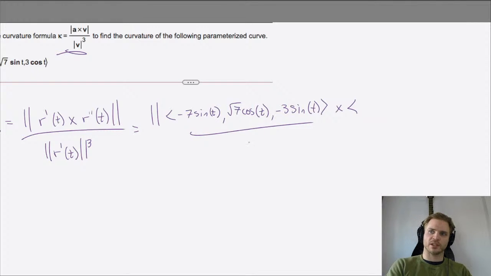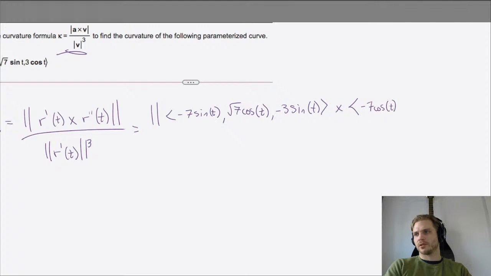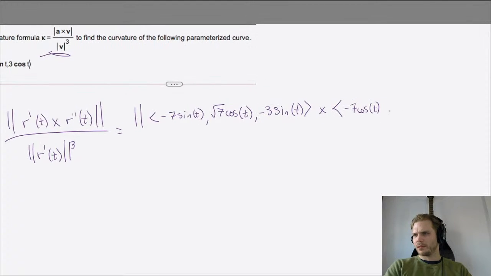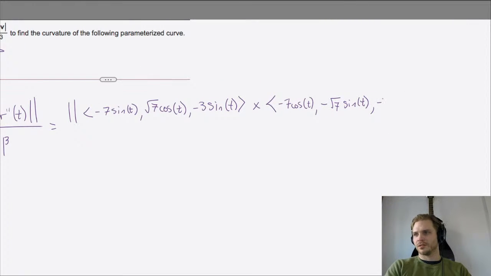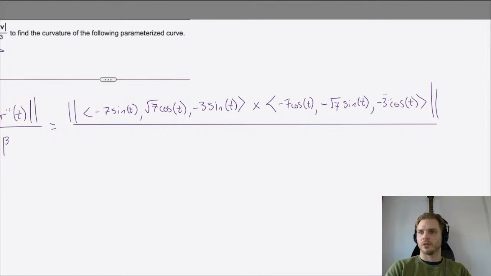The derivative of this gives negative 7 cosine of t, negative root 7 sine of t, then negative 3 cosine t. We'll get the magnitude of that after we cross it. And then we already did the first derivative, so we can just copy this first vector down.